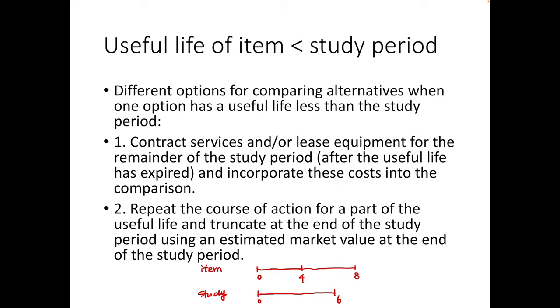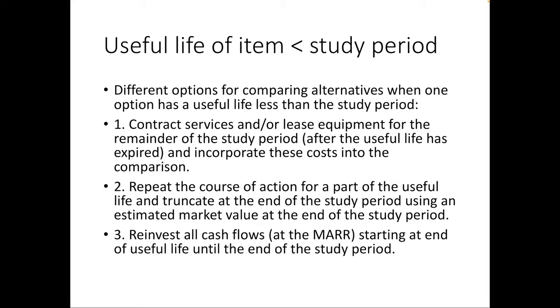You can extend it by the repeatability method for another cycle, so it's going to be 8 years. And then you go back to truncate it at the 6 years, and you sell this equipment at that time to the market. And then you add that salvage value at the end of the 6 years.